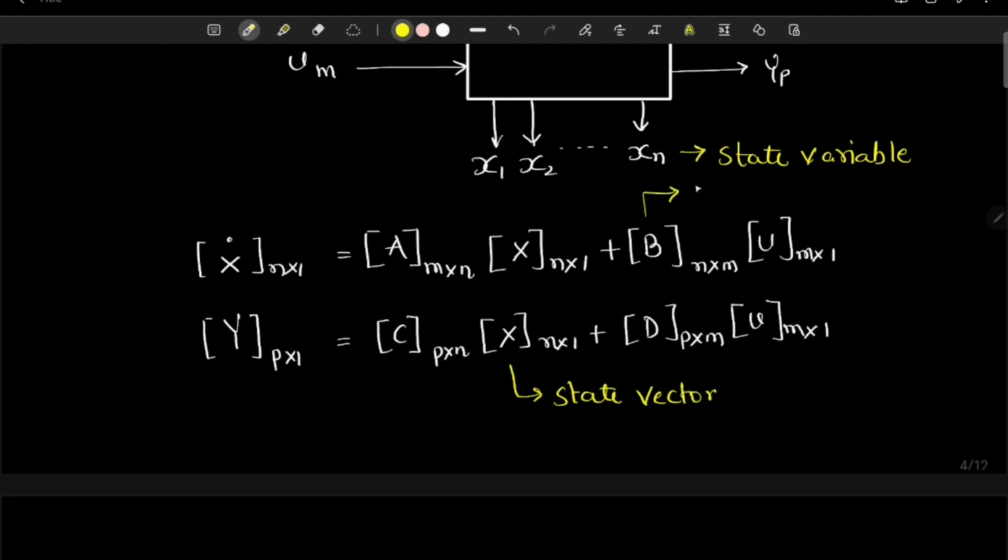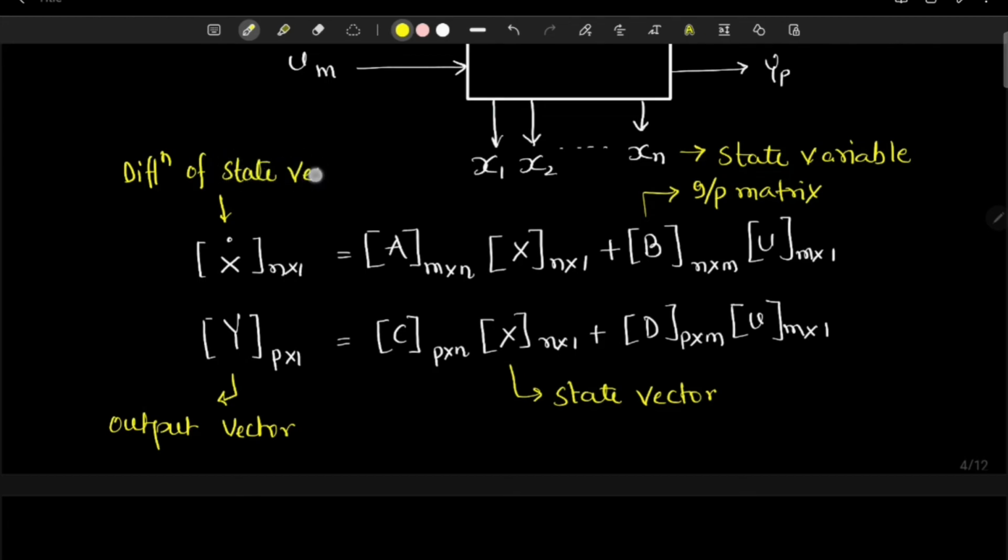This B is the input matrix, y is the output vector, and this is the differentiation of the state vector, and this is the state vector, right?